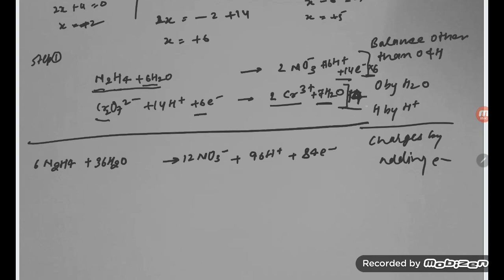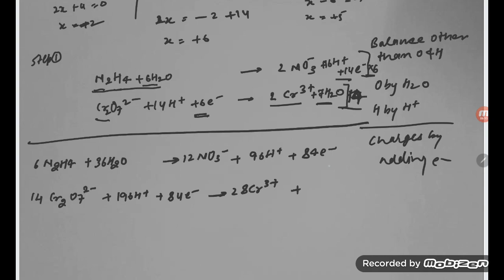Now the second equation is multiplied by 14. So this is 14 Cr2O7 2 minus. And then 14 times 14 H plus, so 196 H plus. Then what is going to be the electron? 14 times 6, that is 84 electrons. What is it giving, student? 14 times 2 is 28 Cr3 plus ions.